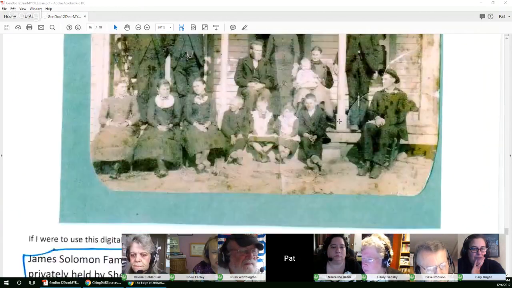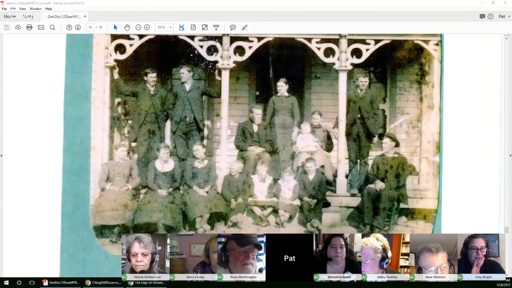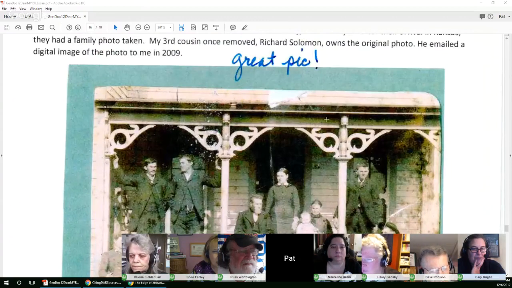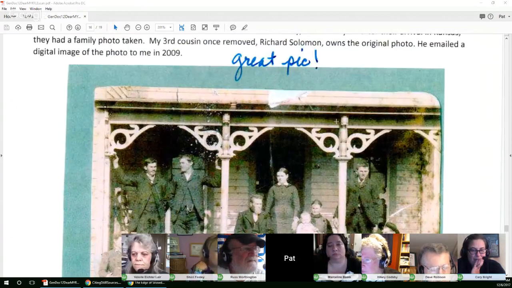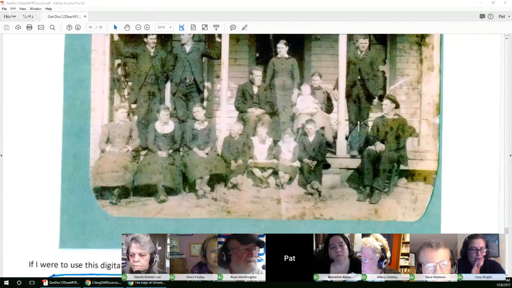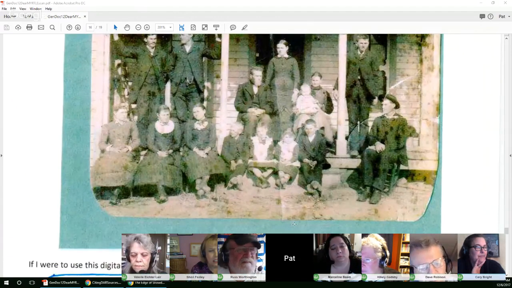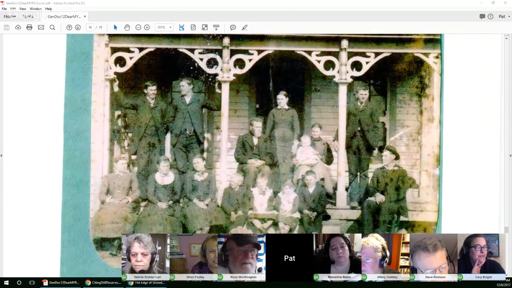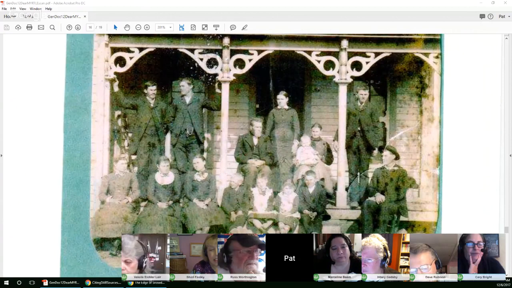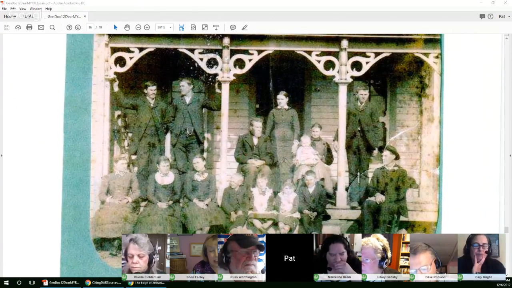It's like it got put in an album of some sort, not one of the cardboard frames. I don't know, because these are uneven corners. But I'm so thankful to have it. So am I. That's the only picture for some of these children; they died when they moved to Kansas. After the first year, they lost about half of their family.